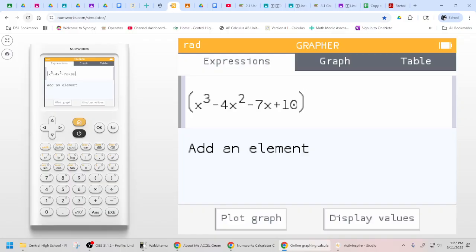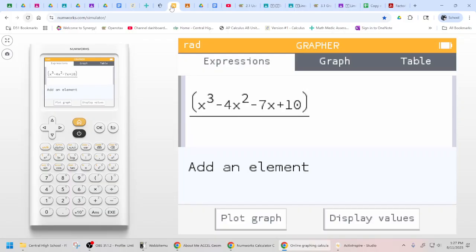Alright, good there. And then check this out. When you hit divided, it creates a fraction for you. So like the TI, it's just still in the same line. It's not very visually appealing. x plus 2. Does that one need parentheses in the denominator? No. Probably the top one didn't either. I still get used to doing it with the TIs.